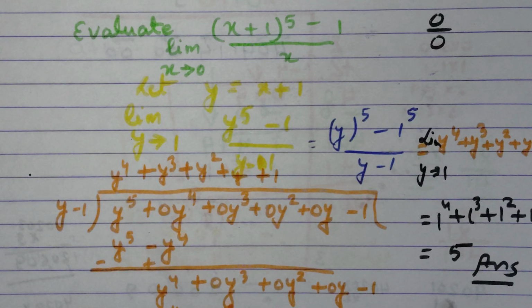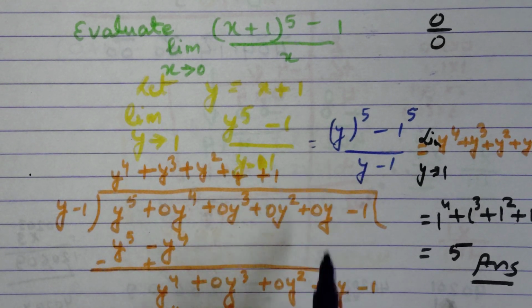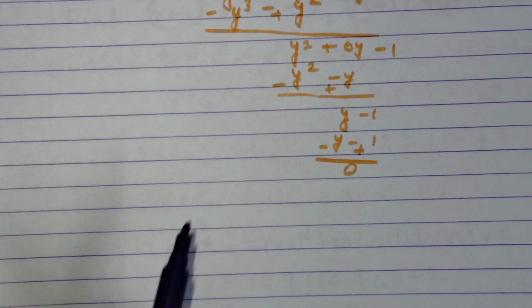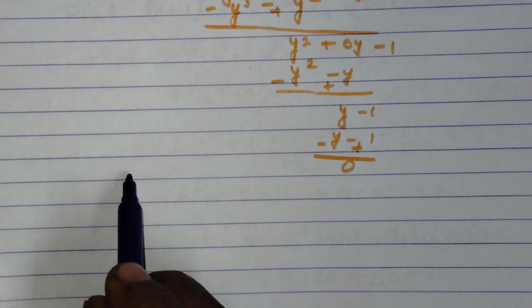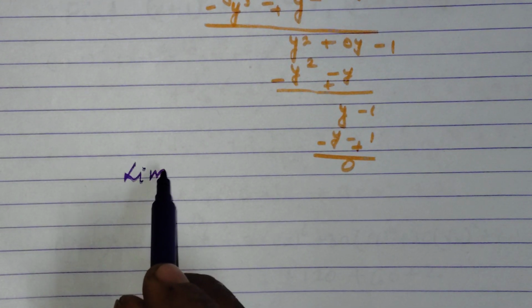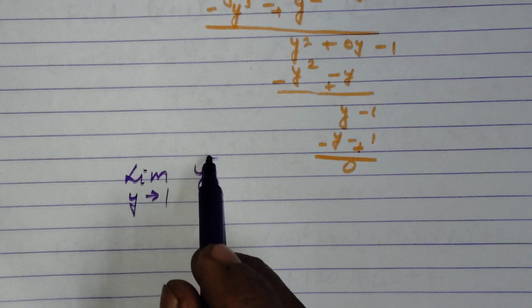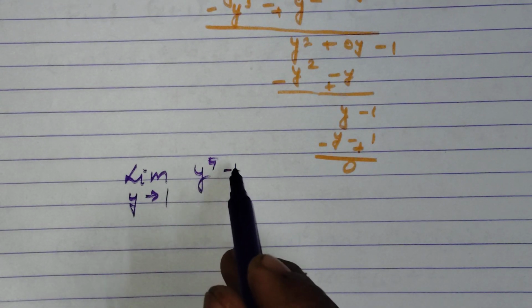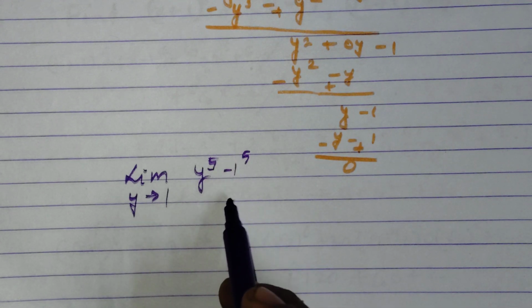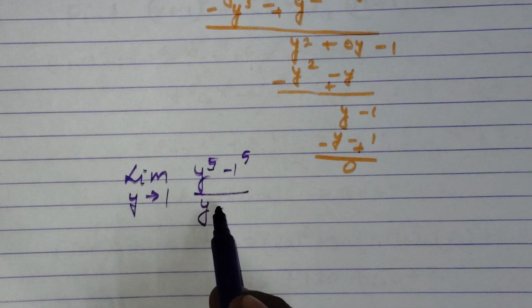This question can also be solved by a simpler method, because it becomes hard by this method; it means rough work is more needed. So the limit y tends to 1 of (y raised to power 5 minus 1 power 5) upon y minus 1.